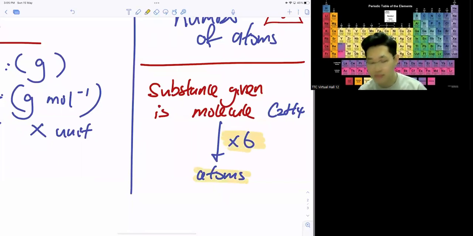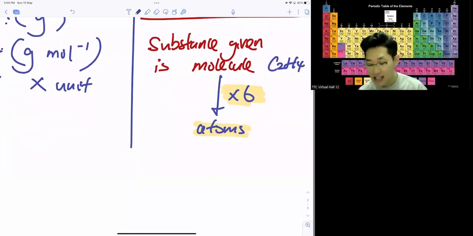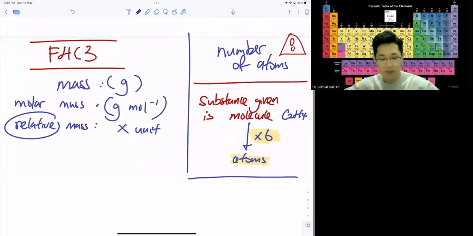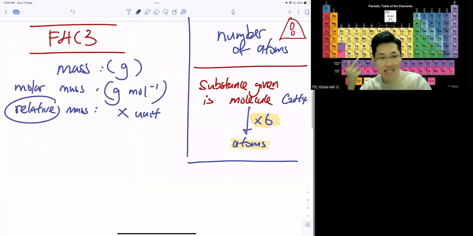So extra steps. If it is already an atom, then straight away atom. So I will write down all these kinds of important things, the mistakes that I made.